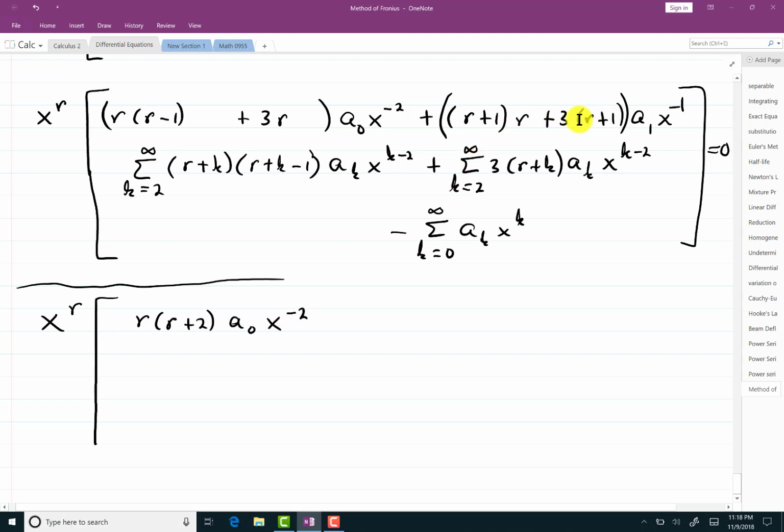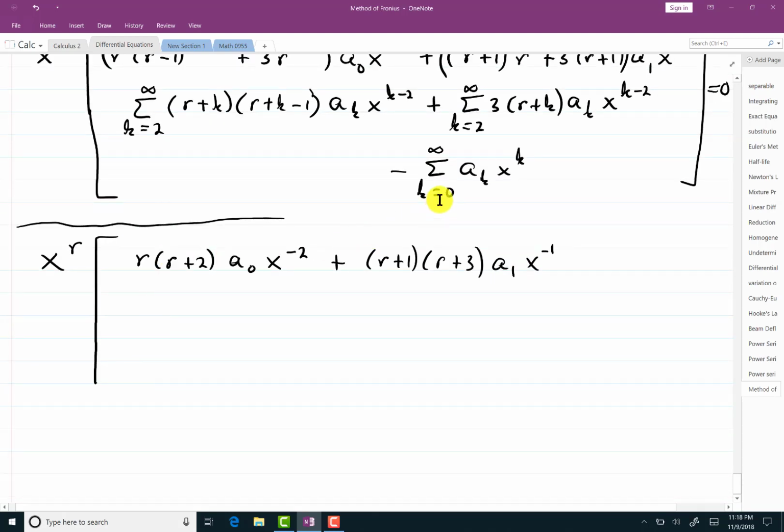Here, I'm going to factor an r plus 1 from both of these terms. So I'll get r plus 1 times r plus 3, a sub 1 x to the negative 1.